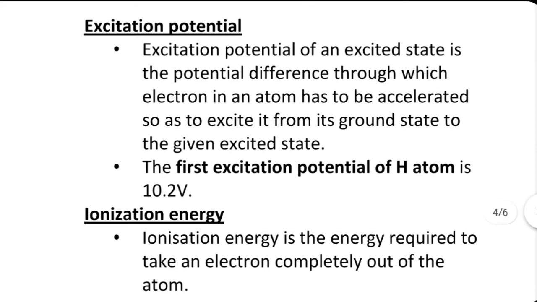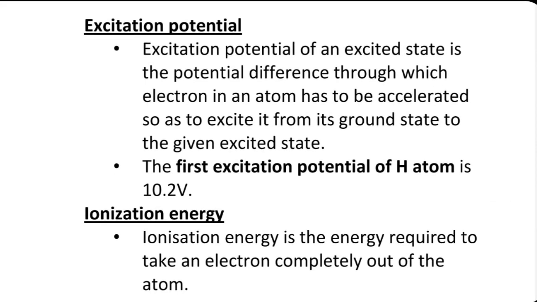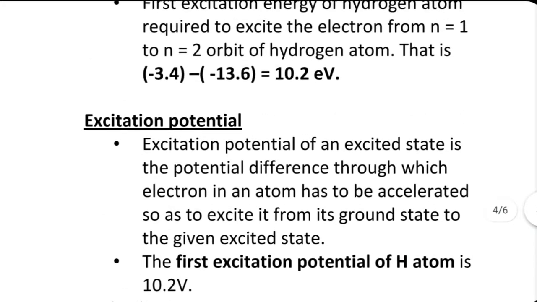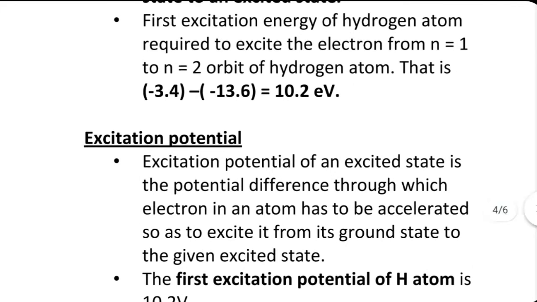Next, we have the term excitation potential. The excitation potential of an excited state is the potential difference through which the electron in an atom has to be accelerated so as to excite it from the ground state to the given excited state. So that potential difference is what we mean by excitation potential.